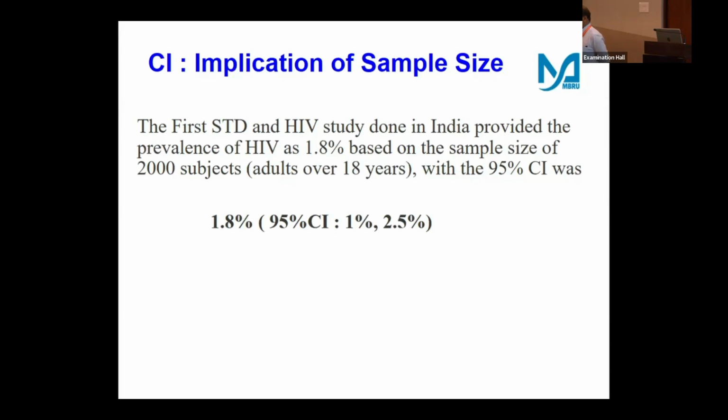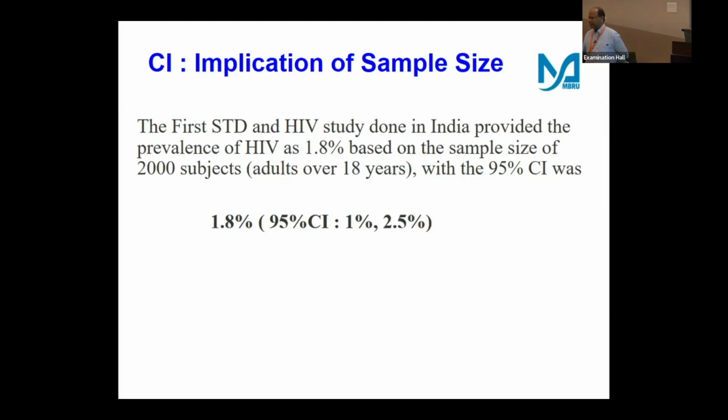Or it could be as low as 1% or as high as 2.5%. What is it saying at 95% confidence? The population parameter, I do not know what it is, but it is most likely to fall between 1 and 2.5, with 95% confidence.